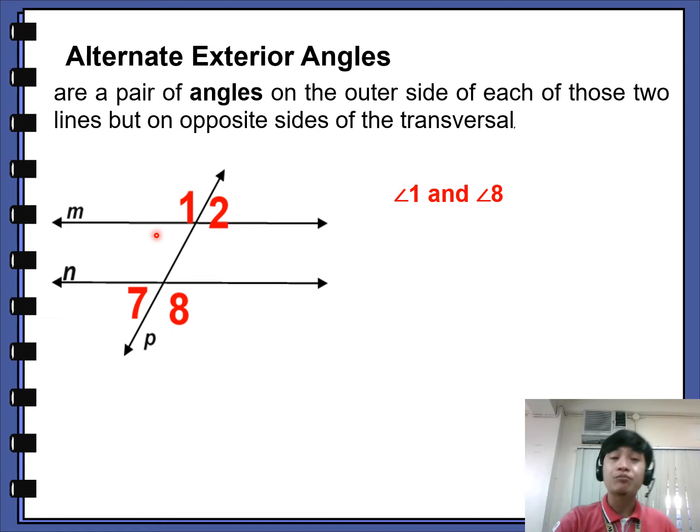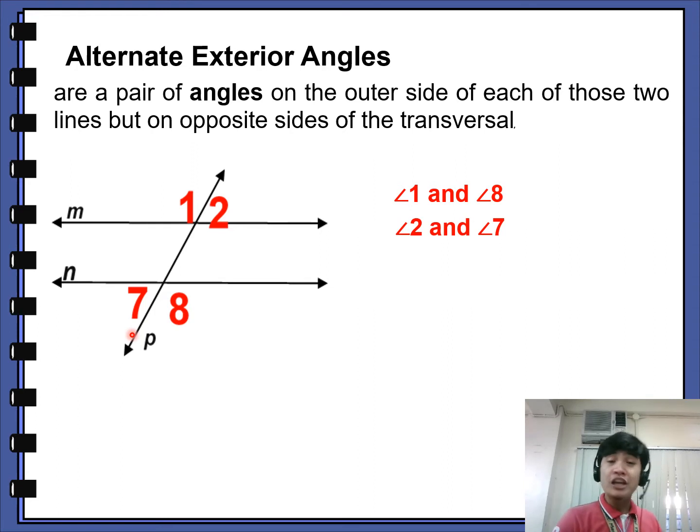So, check natin. Si angle 1 ay hindi naman adjacent kay angle 8. Si angle 1 ay nasa left, si angle 8 ay nasa right. So, they are alternate exterior angle. So, the second pair ng alternate exterior angle in this particular illustration is angle 2 and angle 7.